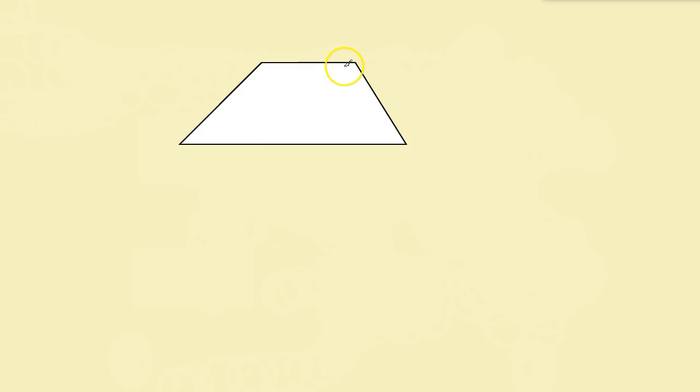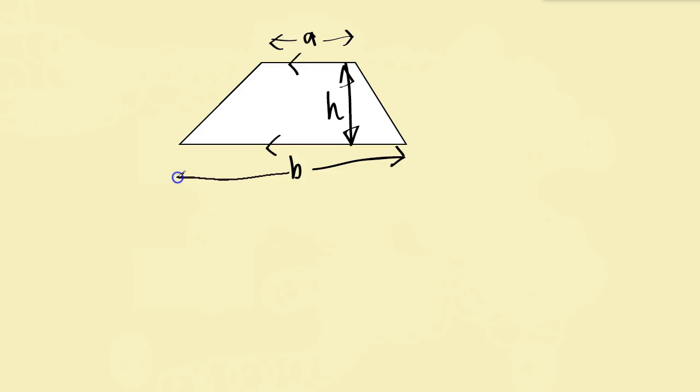So the height, let's say, is h, and the two parallel sides, which are different lengths, we're going to call a, that's the length of the top side, and b. It doesn't matter which way round they go, they are just the two parallel sides.